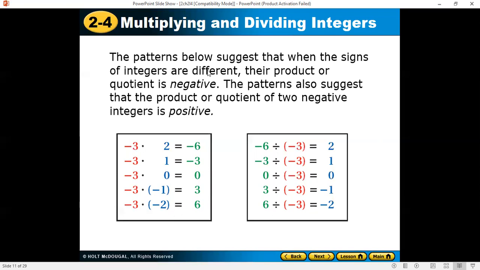So as I said at the top, when we have different signs, the answer will be negative. When we have the same sign, the answer will be positive. And also multiplication and division undo each other. It's vice versa.